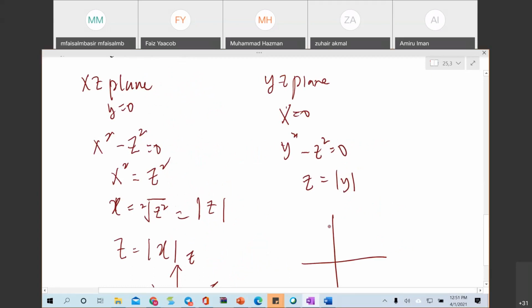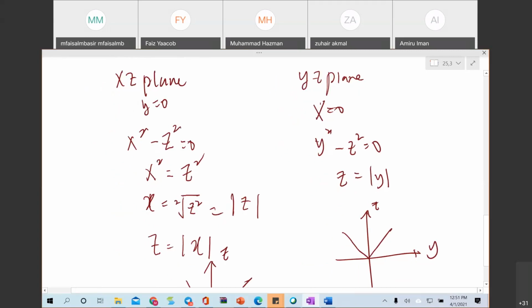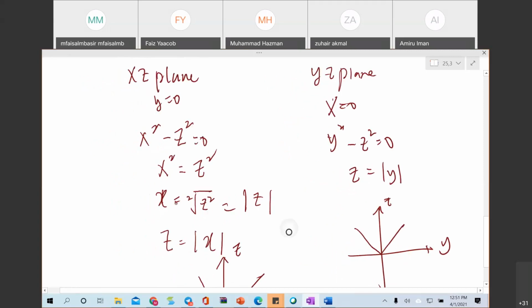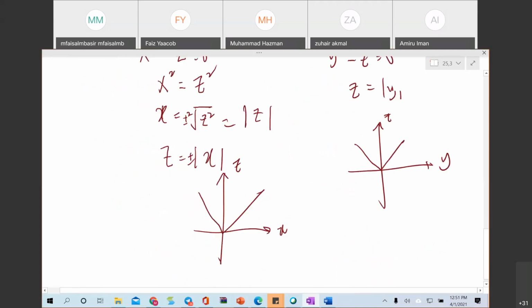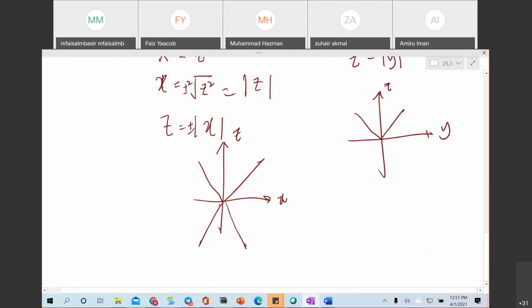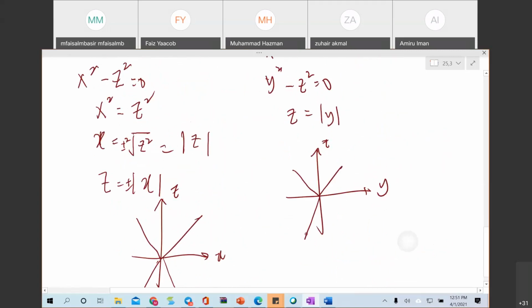So what do you have? z, y. Actually, when you take out the x, there is a plus minus, so it should be here also. Same.